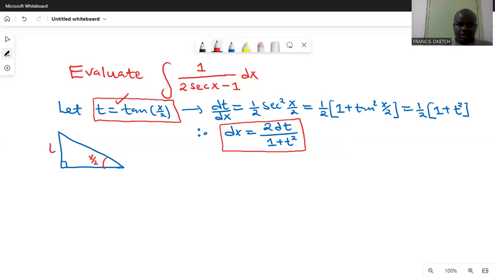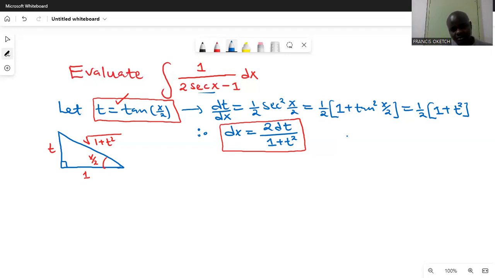Opposite is t. Adjacent is 1. So when you use Pythagoras theorem, you get the hypotenuse to be the square root of 1 plus t squared. So remember, secant of x is the same as 1 over cos x. So I must find cos x. Then from there, we take the reciprocal to get sec x.